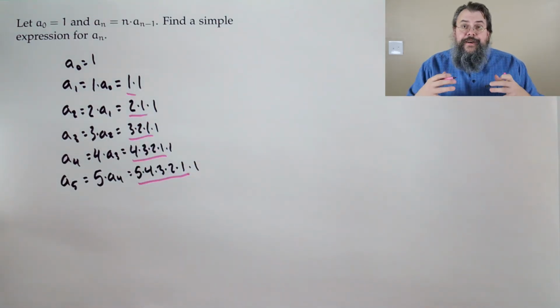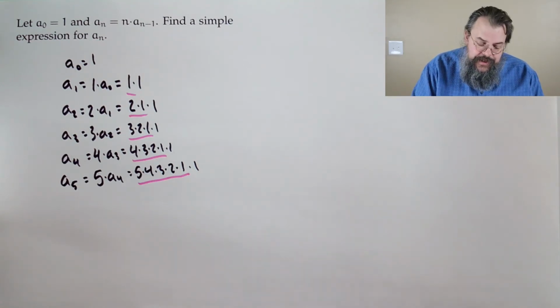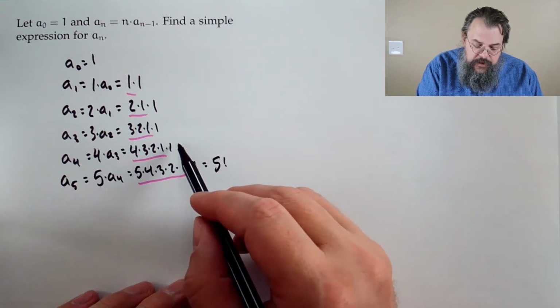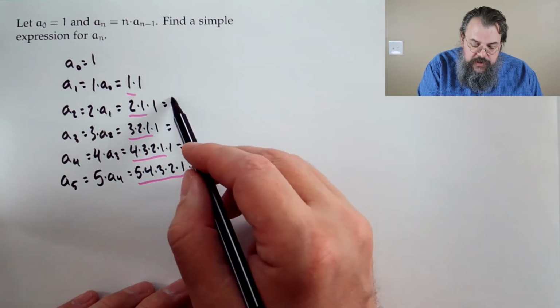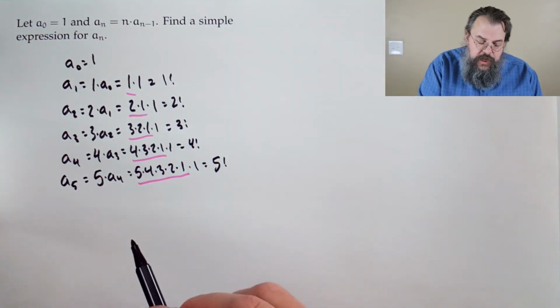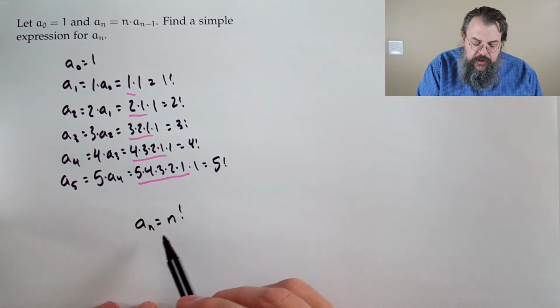Those look like what we call factorials. So this, really, don't worry about the 1. That's 5 factorial, 4 factorial, 3 factorial, 2 factorial, 1 factorial. Aha! So we say perfect. So a sub n is n factorial.